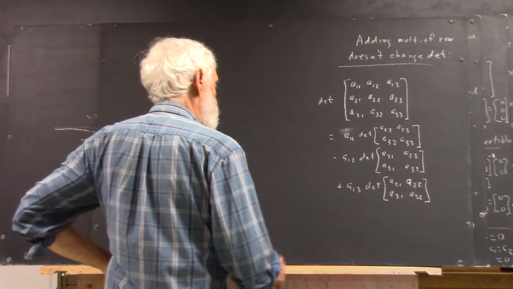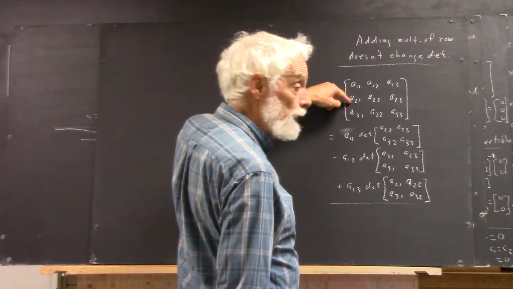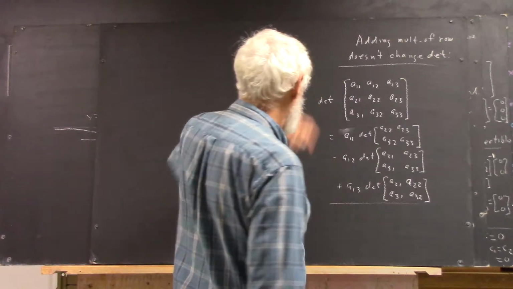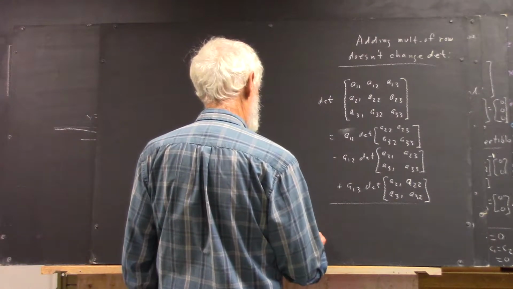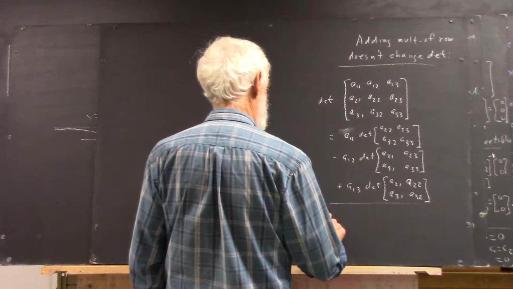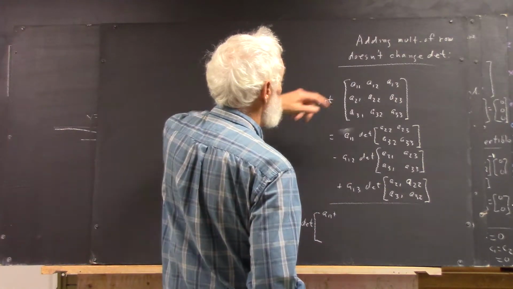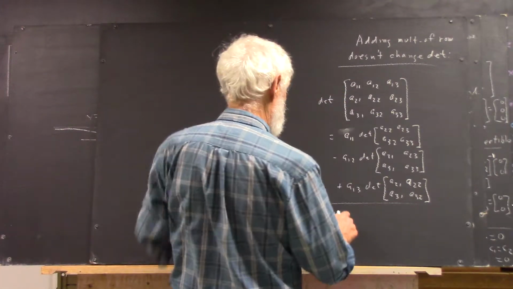Okay. So now, let's just add a multiple of the second row to the first. Now I'm going to let C be the multiple of the second row that gets added to the first.